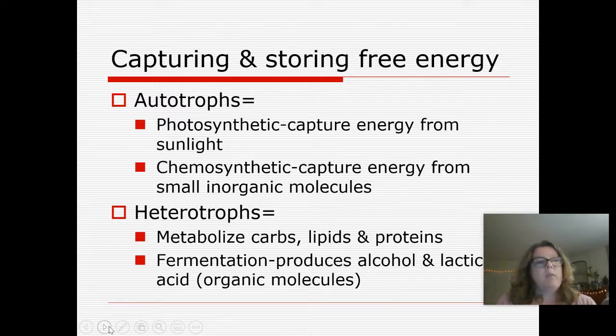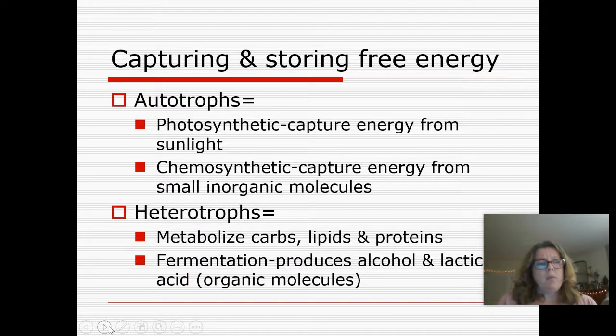Heterotrophs generally metabolize carbs, lipids, and proteins for energy. And you remember from biochemistry that the primary source of energy that gets metabolized is carbohydrates. However, lipids have actually a lot more energy per gram than carbohydrates. They are harder to break down, so we don't use them as much. Plus, carbohydrates are immediately usable by all cells in our body.